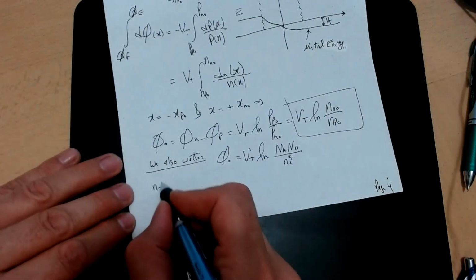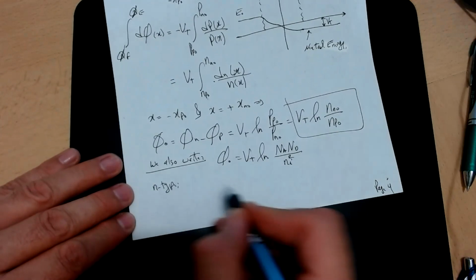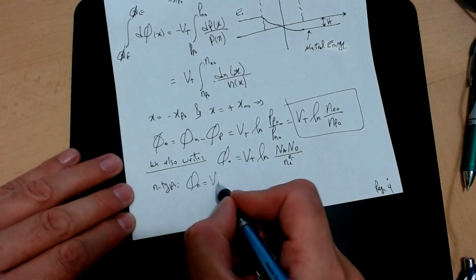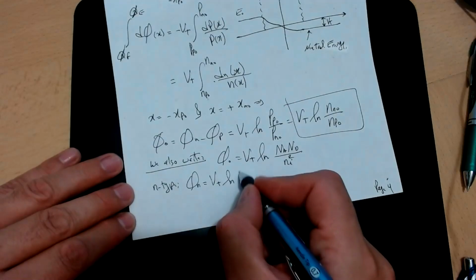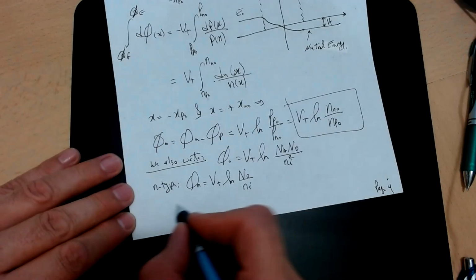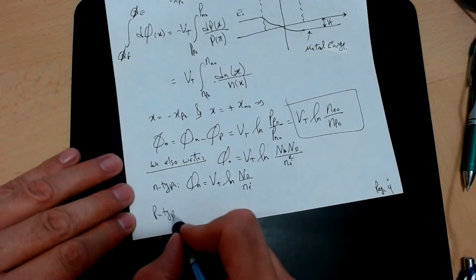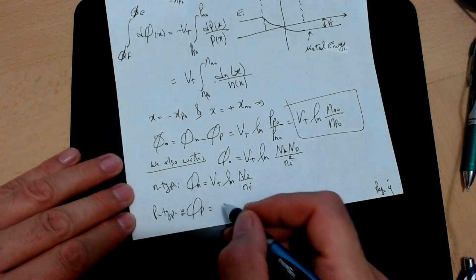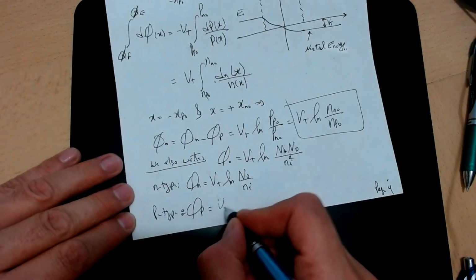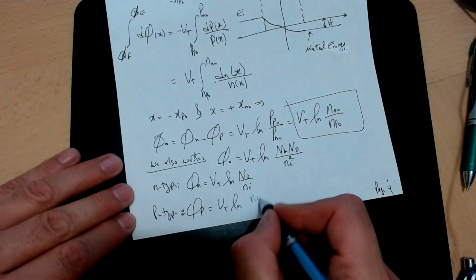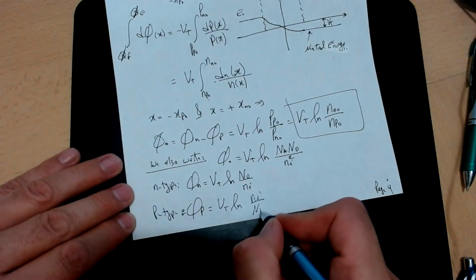For the n-type, it is Vt ln Nd over Ni, and for the p-type, same thing, it is equal to Vt ln Ni divided by Na.